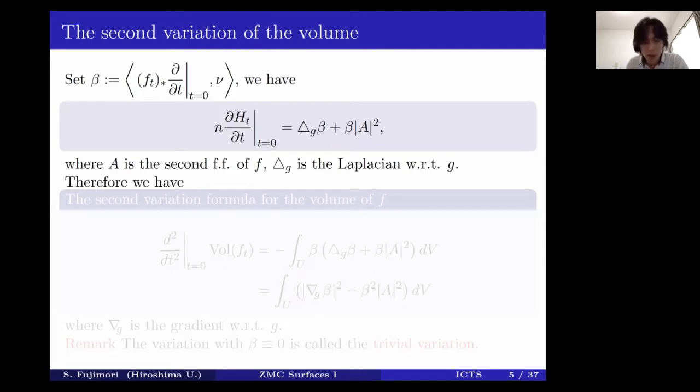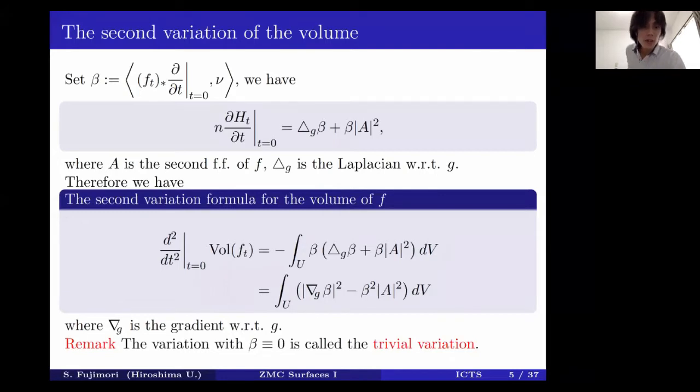Therefore, we have the second variation formula for the volume of F. The second variation is written this way or equivalently this way, where this nabla G is the gradient with respect to G.